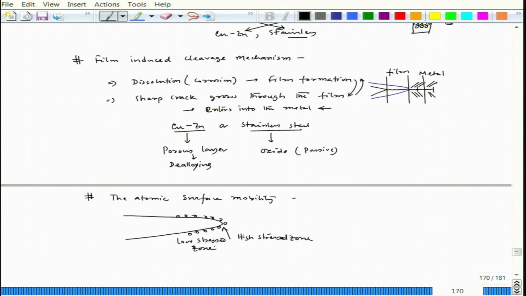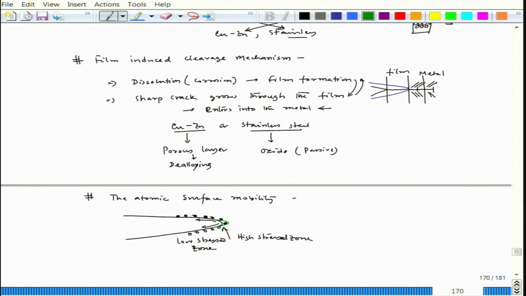Now, what happens because of those species, basically low melting compounds it forms, these metal atoms would like to move away from the high stress zone to the low stress zone. So, this atom is moving from high stress to low stress, and when it moves, then this crack grows a little bit. So, that way this cycle goes on.